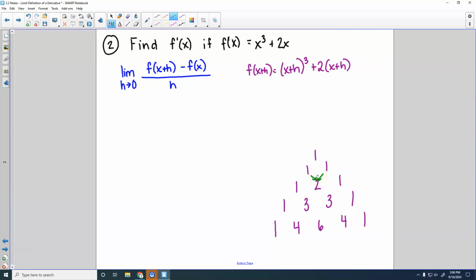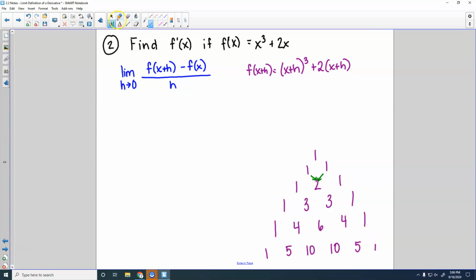We don't need this many for this one, but I'm going to write it out so we've got it. You don't normally see these past the 5th power, but they could give you even higher if they really wanted.